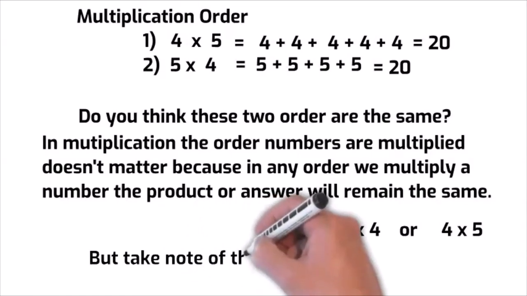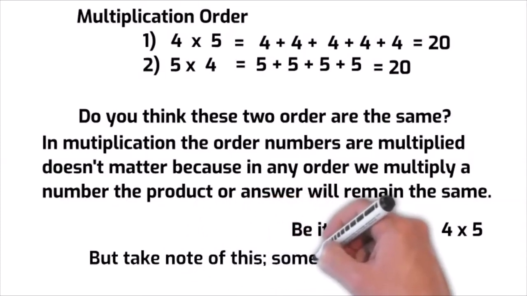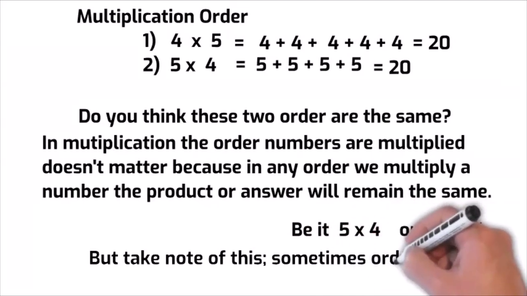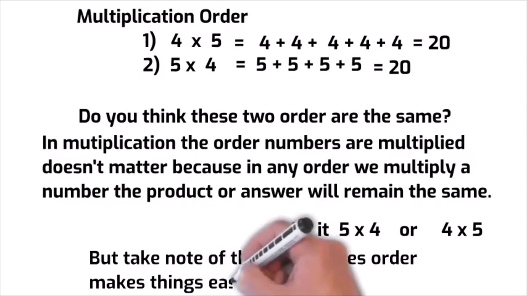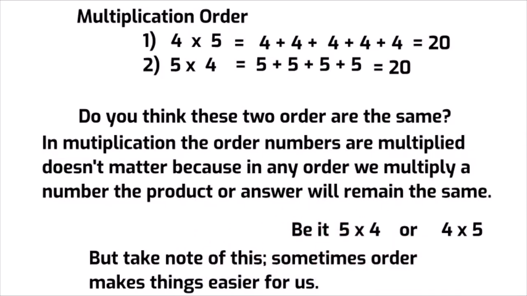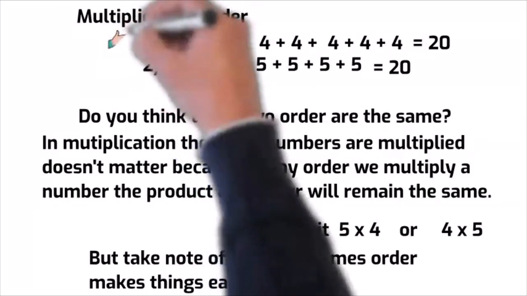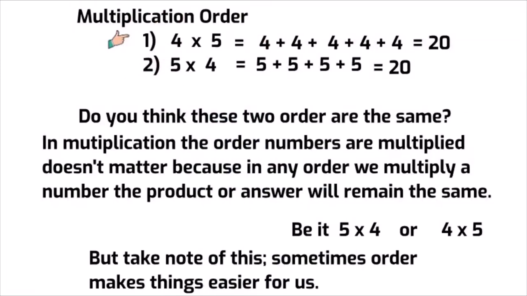But take note of this. Sometimes order makes things easier for us. Take, for instance, 4 times 5. We have to count 4 into 5 places and add 4 plus 4 plus 4 plus 4, which will give us 20.